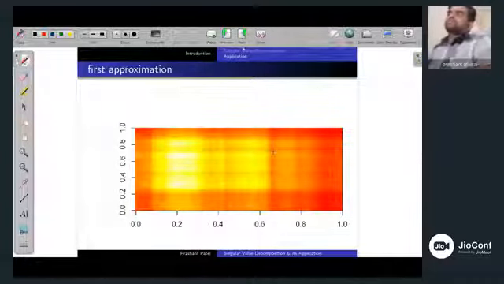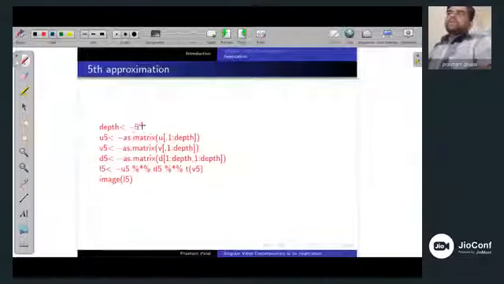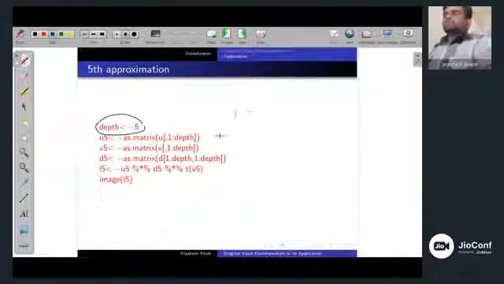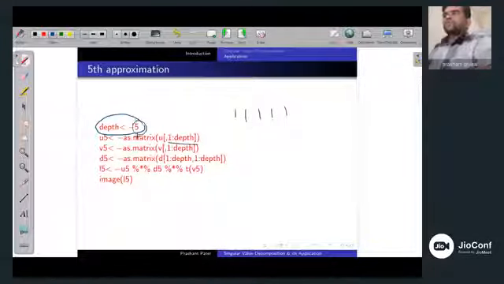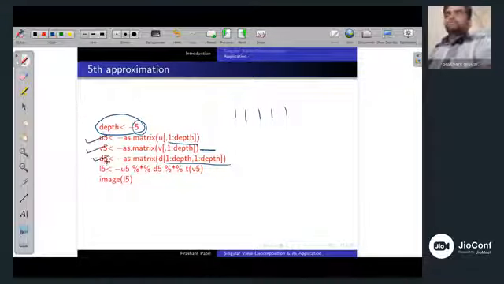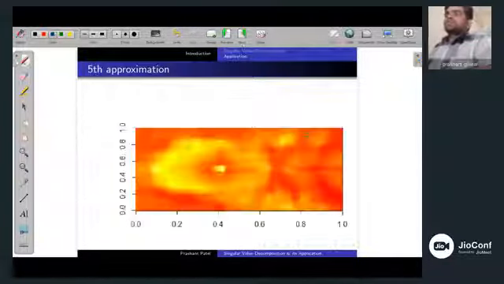Next, I'm taking 5 instead of 1: 5 columns of U, 5 columns of V, and 5 singular values, making the product of that and the image of that. So this is the fifth approximation.